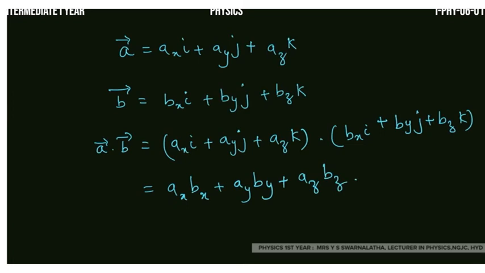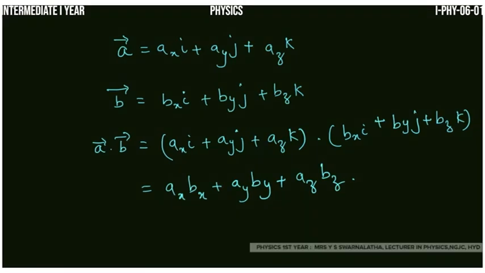That means the dot product is the addition of the products of the corresponding components in each dimension. Here i, j, k are unit vectors along the x-axis, y-axis and z-axis.